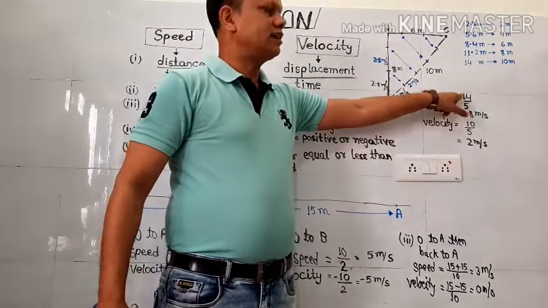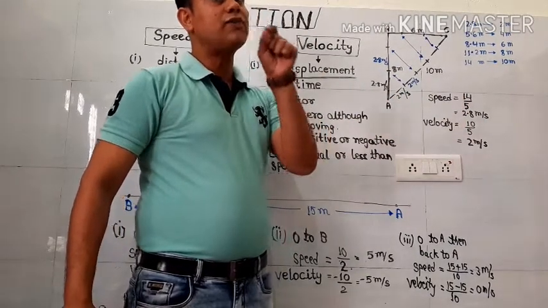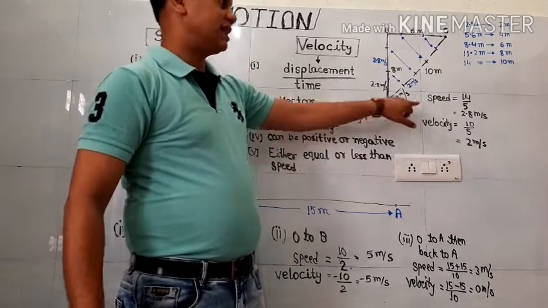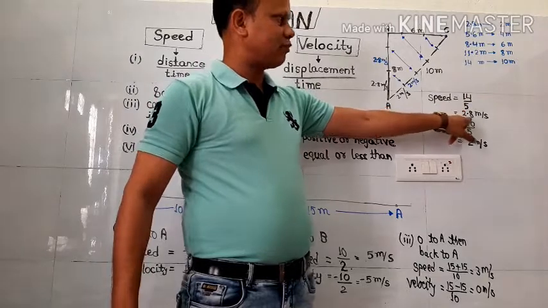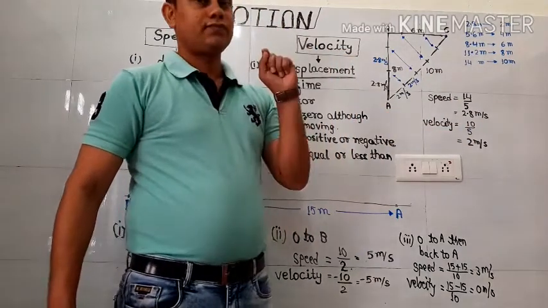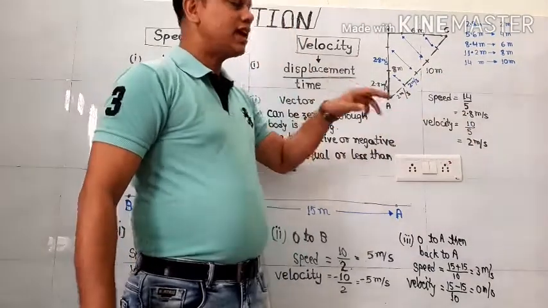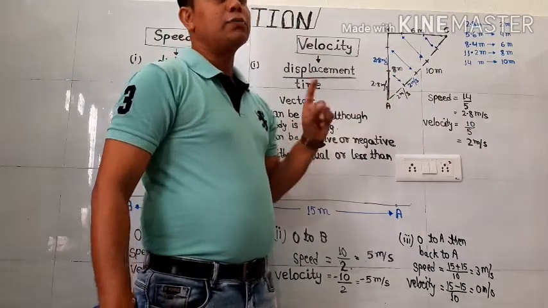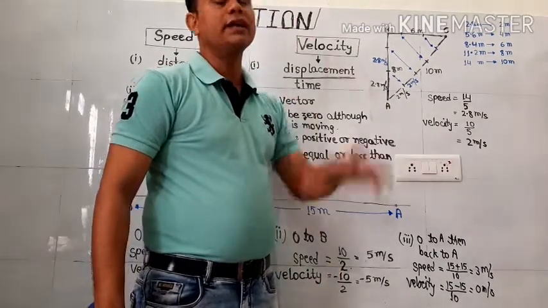When I am dividing distance by total time, what are we getting? Distance traveled per unit time, that gives the value of speed. If I divide 14 by 5, I get 2.8 meter per second. What is the meaning of 2.8 meter per second? This means that in each 1 second, the body is traveling on the actual path by 2.8 meter.